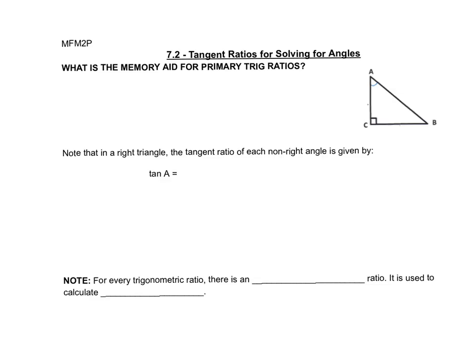We talked about this on the first day. What's the memory aid for primary trig ratios? SOHCAHTOA. And note that in the triangle that we have above, the tangent ratio for the non-right angle, so tan of A, is opposite over adjacent.